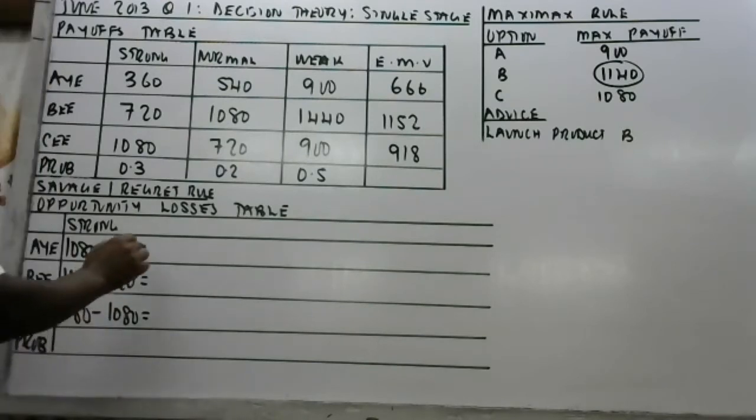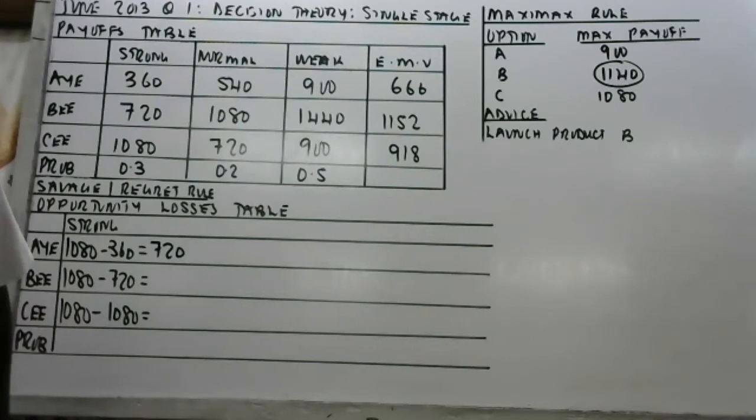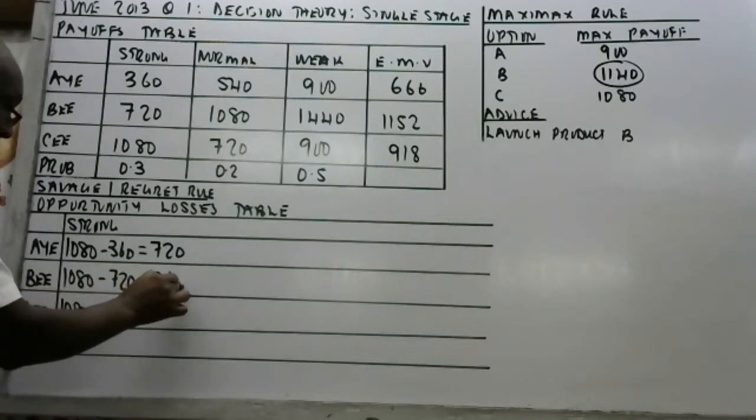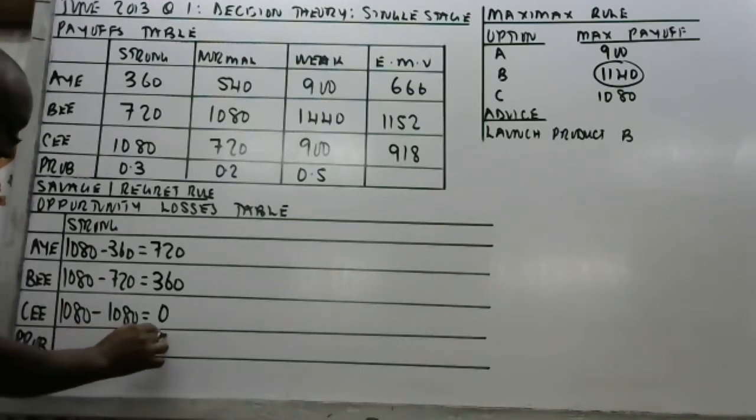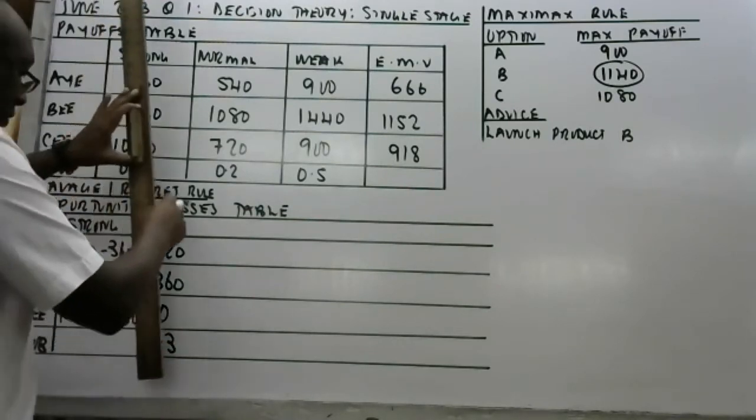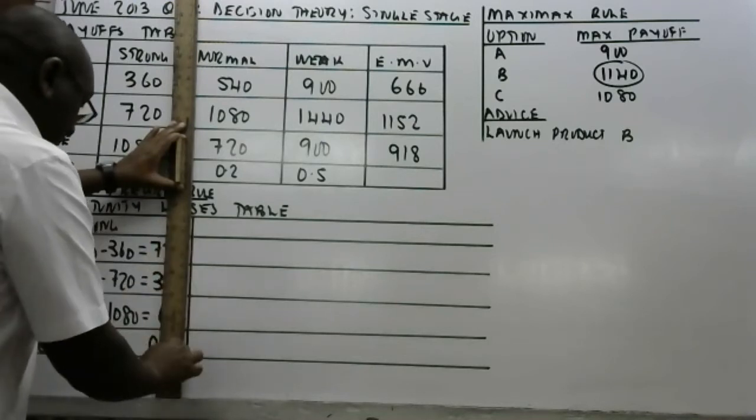Yeah, 720, good. Then 1080 minus 720 is 360, good. And 1080 minus 1080 is 0, and the probability is 0.3. So that is how you get the opportunity losses.